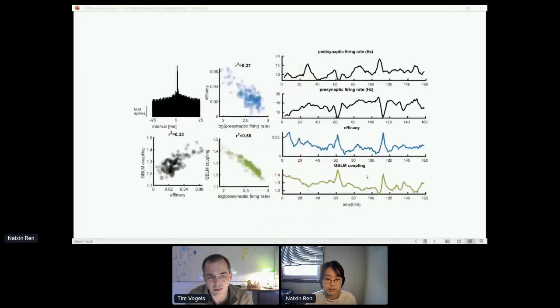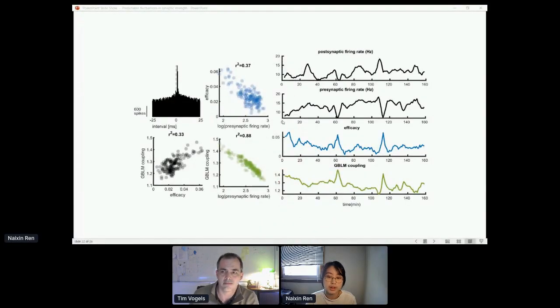Last question, maybe. Is it possible that the apparent coupling strength depends on postsynaptic firing rate? I'm not sure about this coupling strength that you are talking about, whether you're talking about the GBLM coupling or the efficacy. I think for some synapses, it is possible that postsynaptic firing rate is affecting efficacy. Actually, I think I can show some examples here.